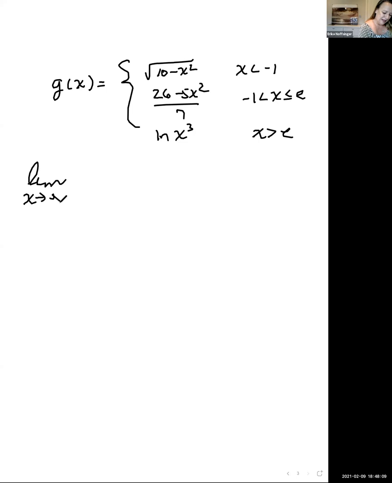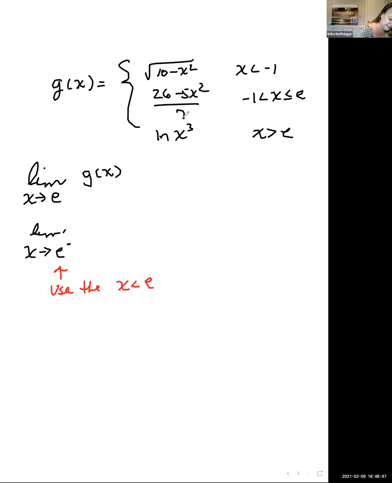So that, again, is one of our bounds. So we want to look at the left and the right-hand limit. Let's look at the left-hand limit. This would be the limit as x is approaching e from the left-hand side. And so that's telling me that I'm looking at values of x less than e, so you use the equation that's closest to it.